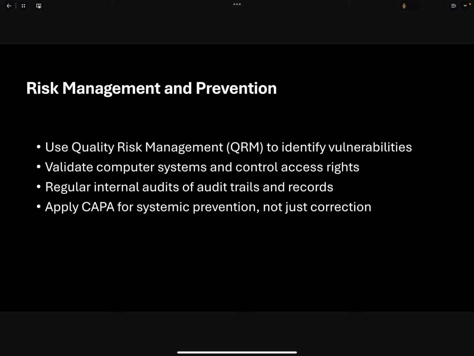Perform internal audits, validate your software, and restrict access rights carefully. When you find an issue, apply CAPA, not just to fix the symptom, but to prevent recurrence. Think of it as cleaning not just the spill, but the pipe that caused it.